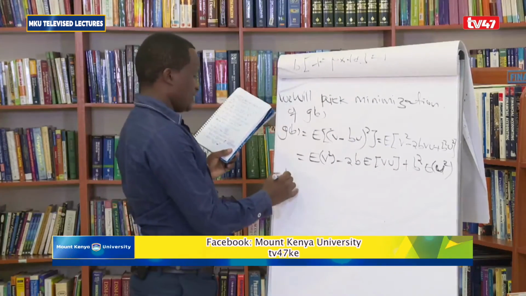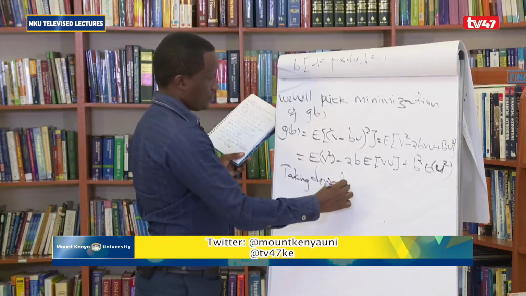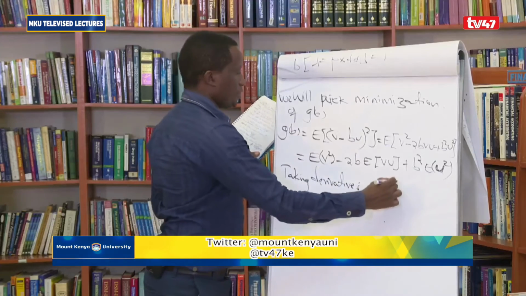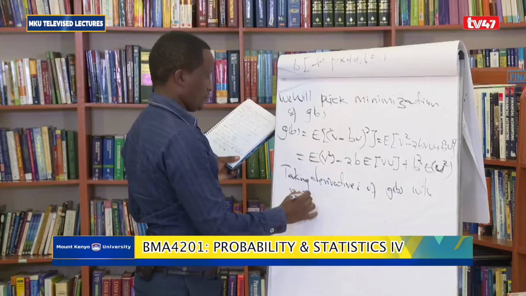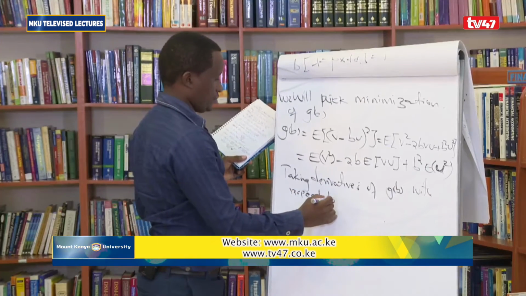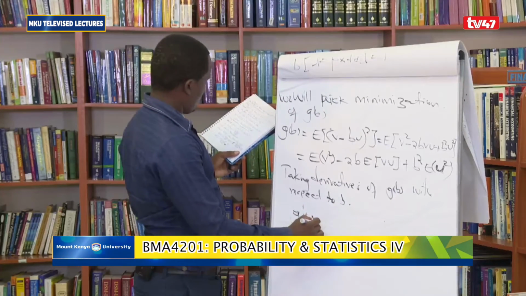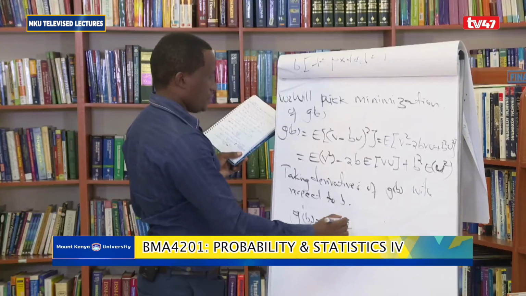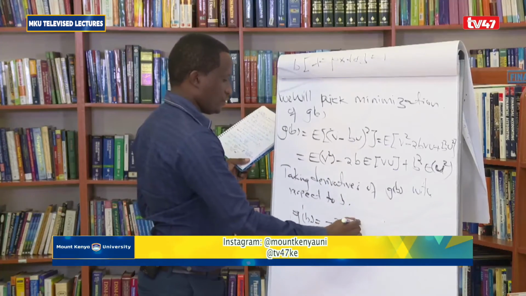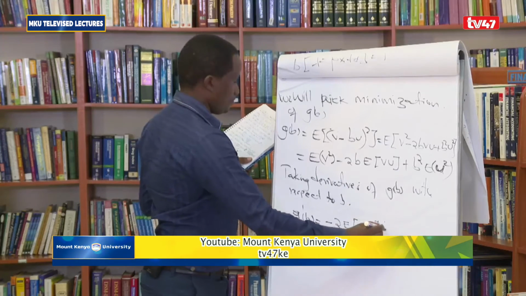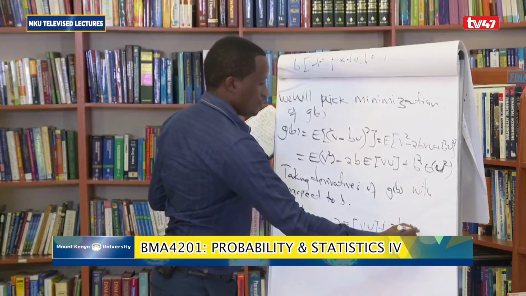So taking the derivative of g of b with respect to b, we have the derivative of g of b equal to negative 2 expected of vu, since the first term doesn't have b, so it disappears, plus twice b expected of u squared.